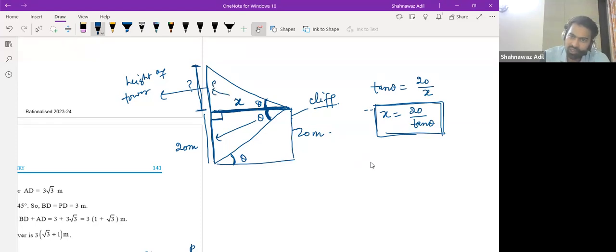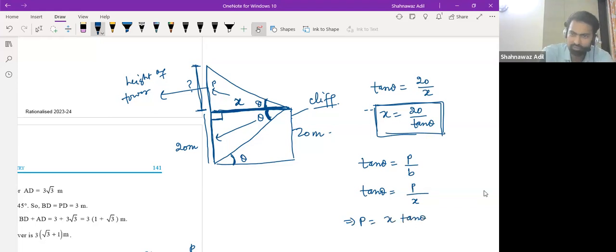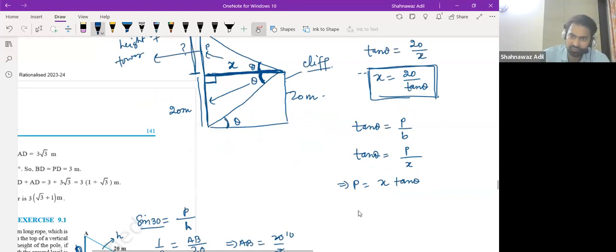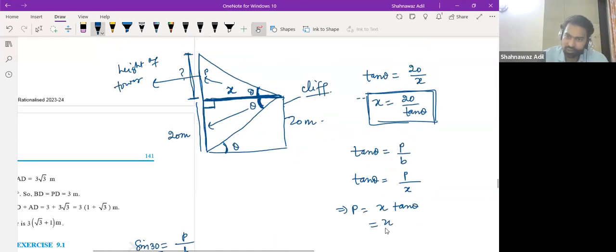Again, tan theta would be perpendicular by base. I want to find out the perpendicular, the base is x. This perpendicular would be x tan theta, right? And x is how much? X is 20 by tan theta.